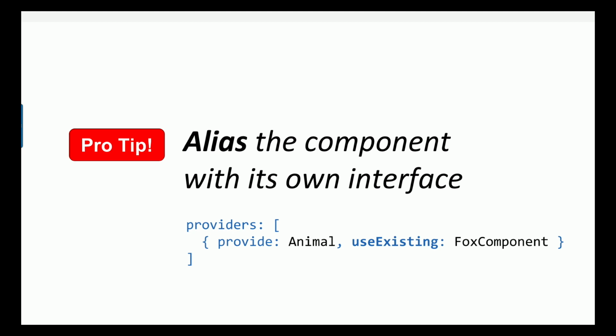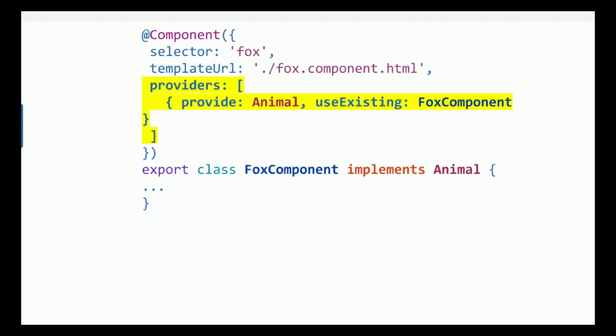We're going to say, hey, Fox component, you are also an animal. And we do it like that. We put it right on the component. Okay? And because I provided it at the component level, there's going to be one instance of my animal in that injector.